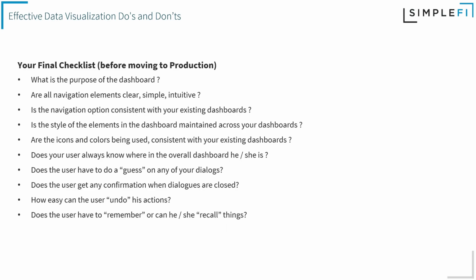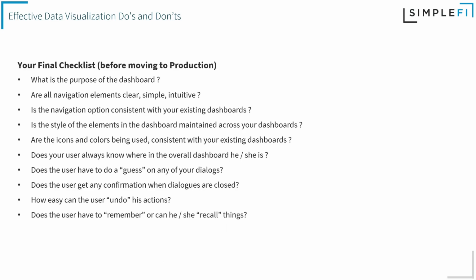Basically create for yourself a handful of checkboxes that you want to go through before the dashboard goes out into production. Because the worst thing you can do is start the process and create consistency across all your data visualizations, but then halfway through the process, you push out a dashboard that didn't follow the rules, and it's going to confuse everybody.